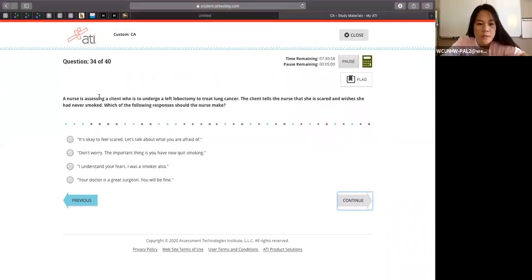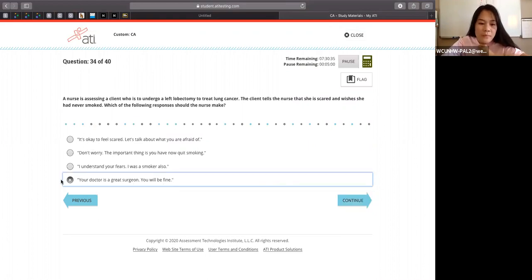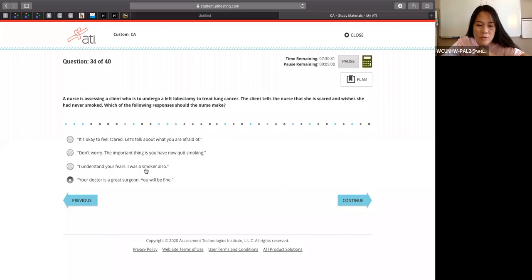A nurse is assessing a client who is to undergo a left lobectomy to treat lung cancer. The client tells the nurse that she is scared and wishes she had never smoked. Which of the following responses should the nurse make? What is therapeutic? Your doctor is a great surgeon. You will be fine. That's false reassurance, right? I understand your fears. I was a smoker too.